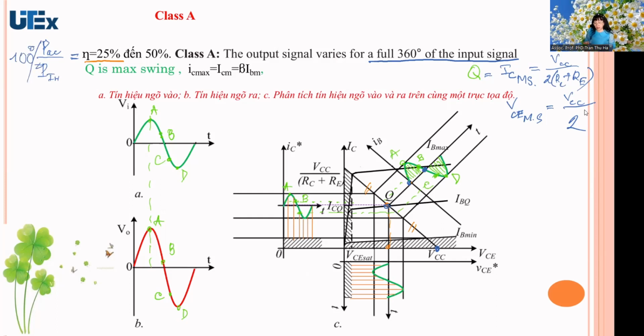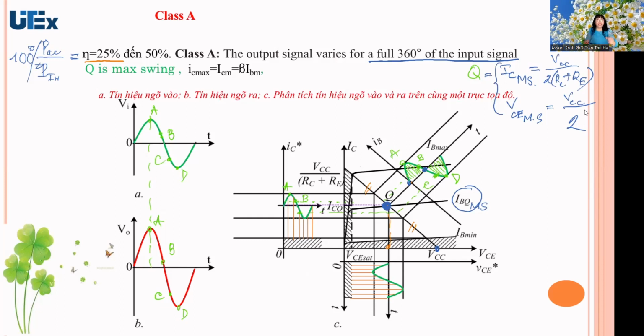Why? Because we have to put the bias for the IBQ max swing. It means the Q point is in the middle. We have the position on this.